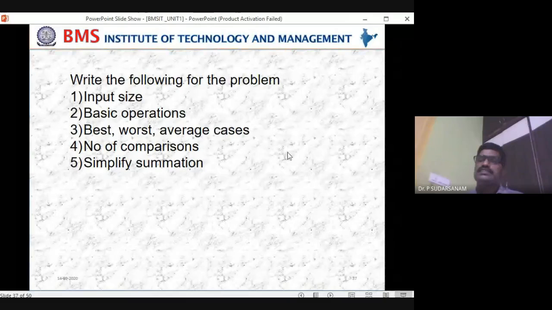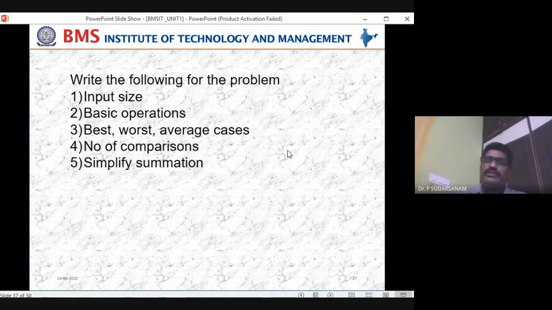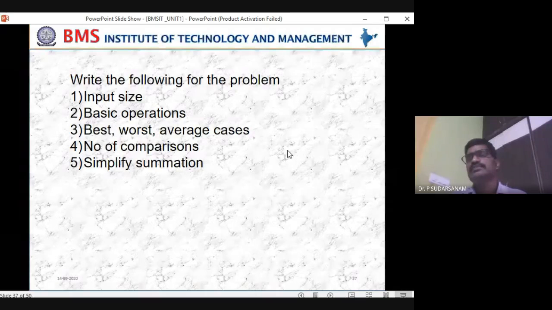The first unit is this much only in syllabus, simple, but you need to write the big O notation definition, omega definition, and theta definition. These three definitions are important. You have to write them: first big O, next omega, next theta.